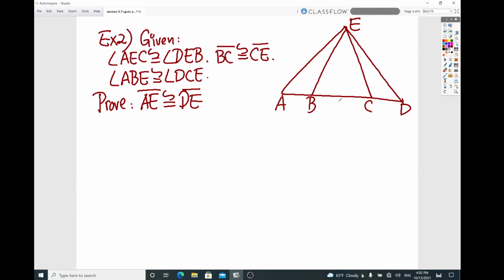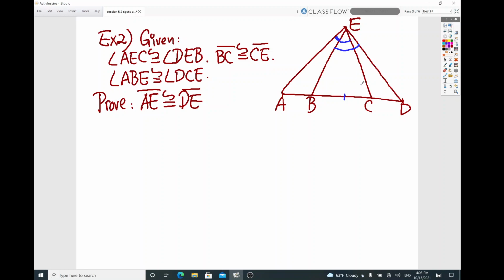Now here's another example. Given that angle AEC is congruent to angle DEB, and we have to be careful because it's overlapping a little bit. And then segment BC is congruent to segment CE.